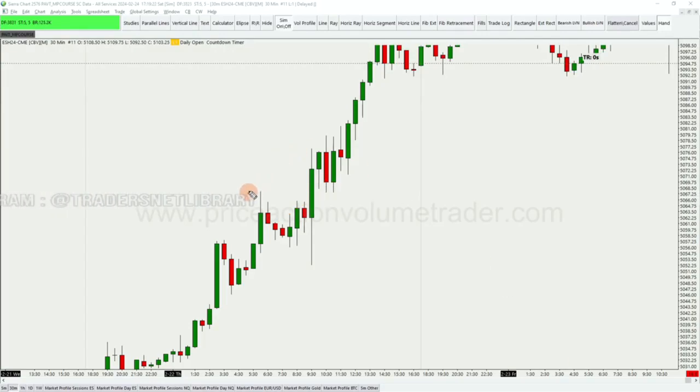Well, because price went up to this level, then we traded down, then we moved up. So at the time when this candle opened here, we had a single print, but then we came back down and filled that single print, and then the market took off.